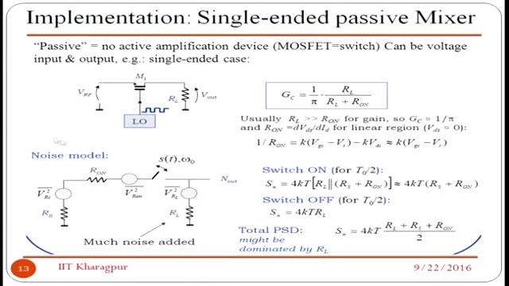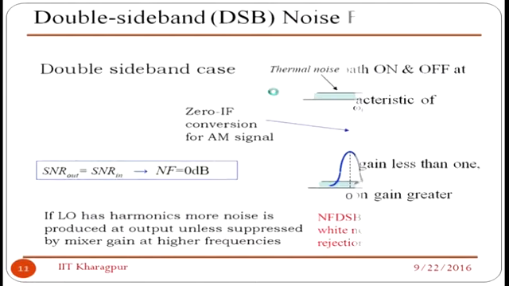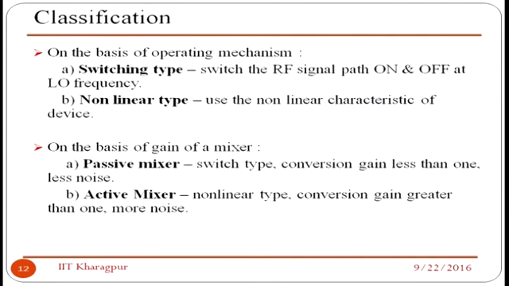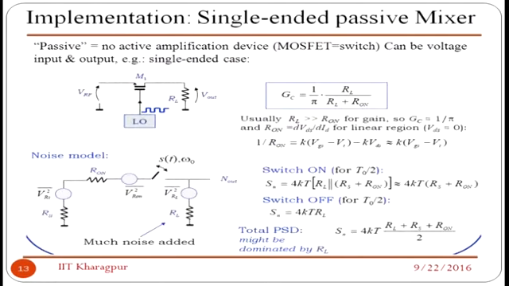So what will be my conversion gain? Mind it, this is very simple. Any square wave has a 2 by pi cos omega 0 t component. So the conversion gain will be RL divided by RL plus R on, into 1 by pi, because 2 by pi into half.